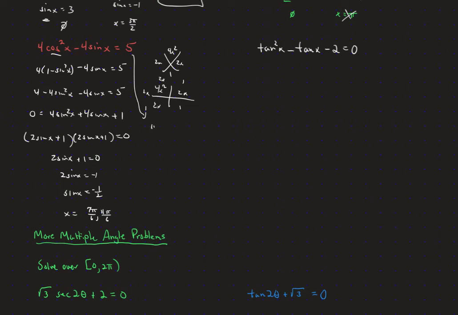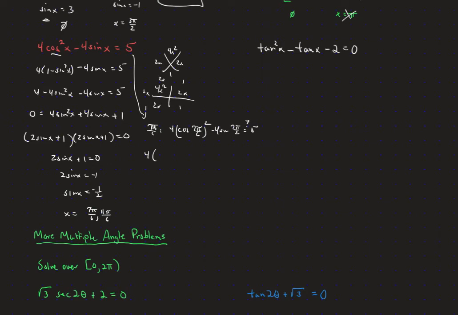So if we try 7 pi over 6, that would lead to 4 times the cosine of 7 pi over 6 squared minus 4 times the sine of 7 pi over 6. Could that possibly be equal to 5? So we have 4 times cosine of 7 pi over 6.